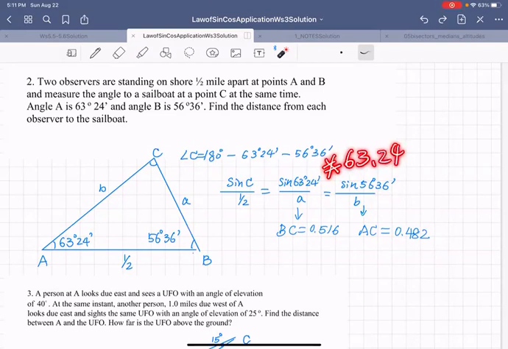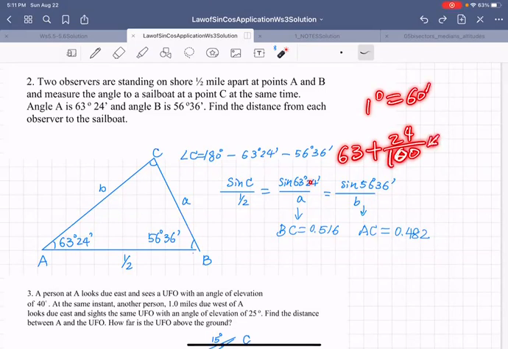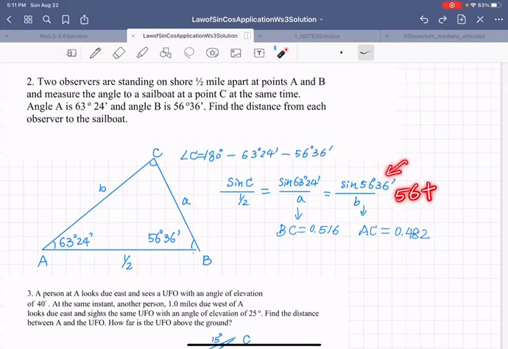No, this guy equals 63 plus 24 over 60, because 1 degree equals 60 prime. So if you type in this guy by this, you might have those kind of errors. Same thing here, we type in 56 plus 36 over 60. Okay, we want to watch out those places.